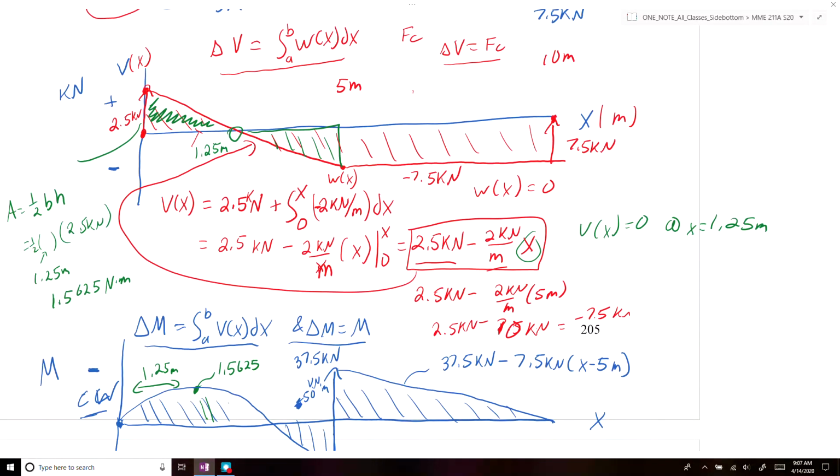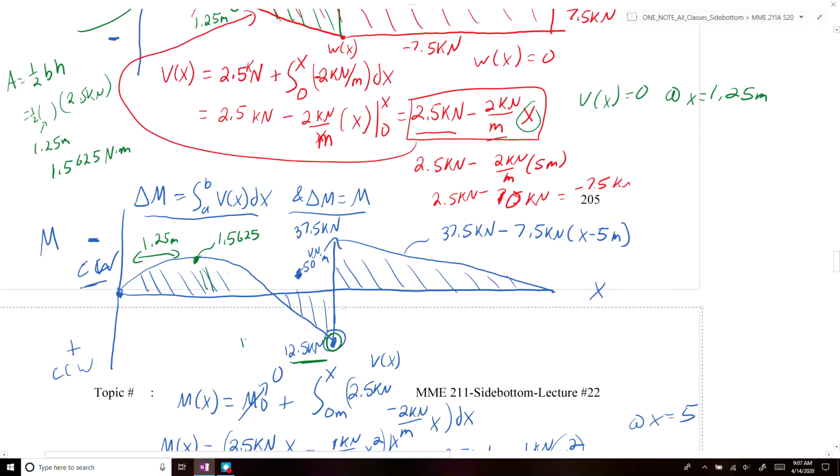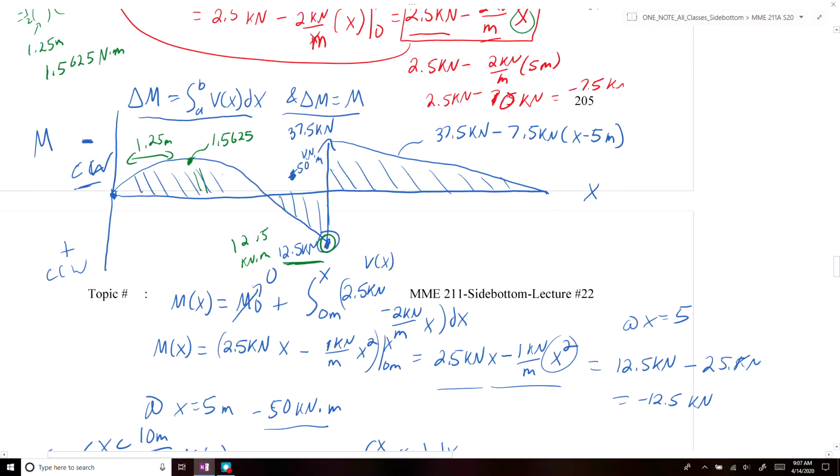So we know that this would be equal to 3.75 meters times 7.5 times 1/2. Alright, so we know that that would be equal to 14.0625 kilonewton meters. So if you subtracted 1.5625 minus 14.0625, you'd end up getting 12.5 kilonewton meters, which is what we got using our moment equation here.